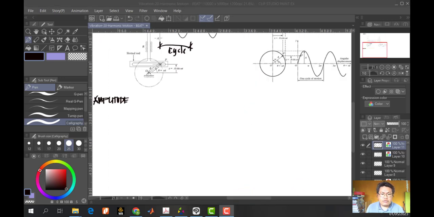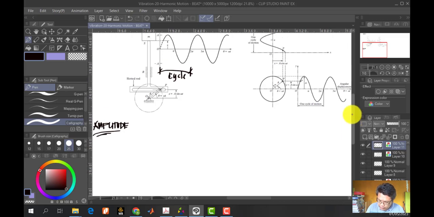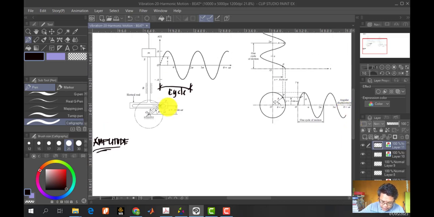Now for the amplitude. That is defined as the maximum displacement of the vibrating body from its equilibrium position, and it is called the amplitude of vibration. You will notice here, that is the amplitude for this displacement, which is your maximum.